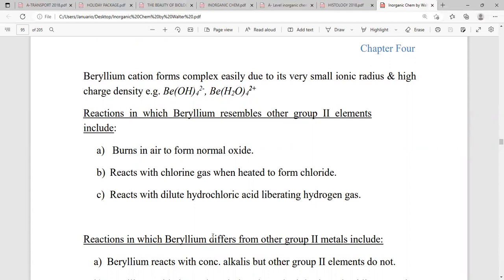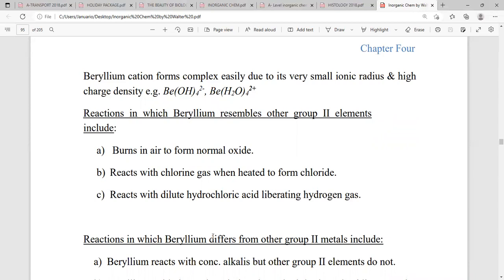We looked at one of the reasons why the reactions of beryllium resemble the reactions of aluminium. They possess almost the same electronegativity and the same electropositivity.